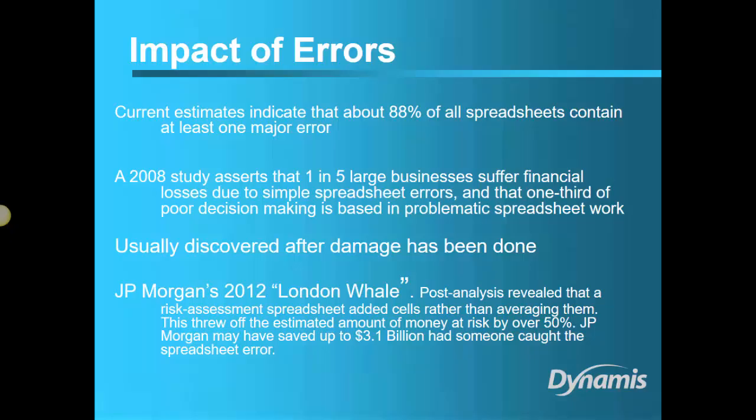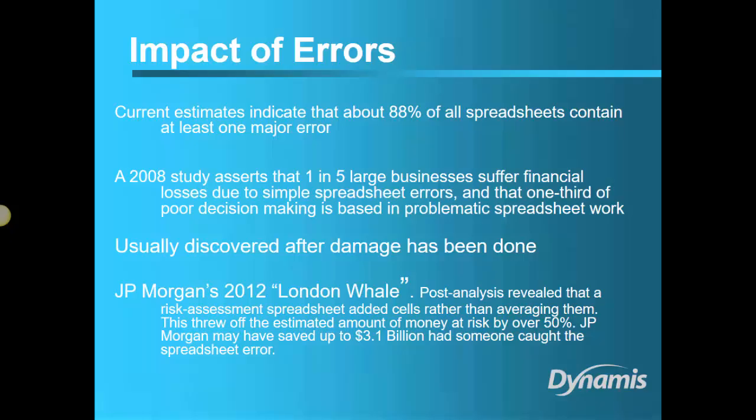And if you go out and Google spreadsheet disasters, the one that comes back most often is going to be JP Morgan's 2012 London Whale, where a simple spreadsheet error in one cell that added numbers rather than averaging them actually impacted that company and lost them $3.1 billion.